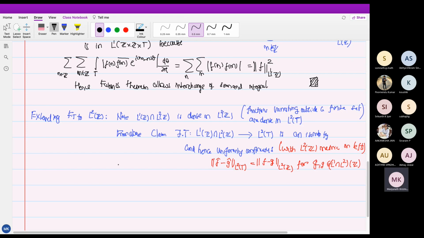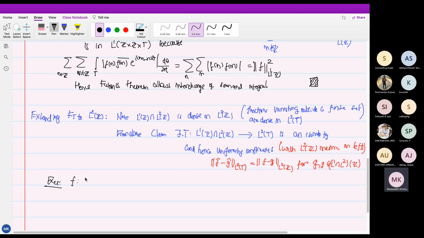So by a general fact, maybe I give it as an exercise. Let's say X, Y are two metric spaces. This is something you would have seen in a basic analysis class, but you may or may not remember.